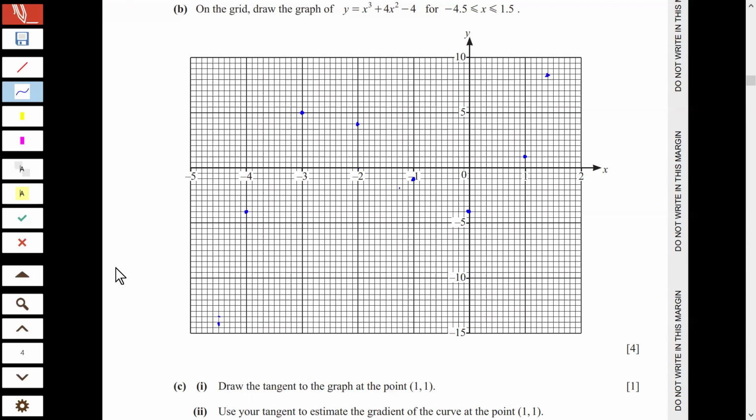So we're going to join these points together. You can use your pencil to join the points, but for the sake of this, I will use a dot to represent the line. So we just move in, joining the points together.